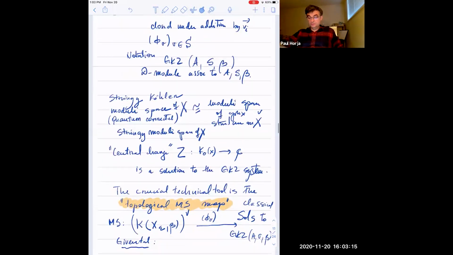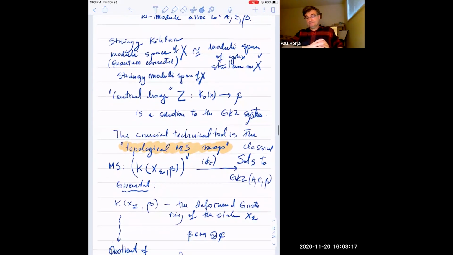So as I said, we're after trying to understand this identification between the stringy Kähler moduli space and the moduli space of complex structure. The solutions, essentially the way we're going to think about them, is this big function Z. In the physics language, that's called the central charge.